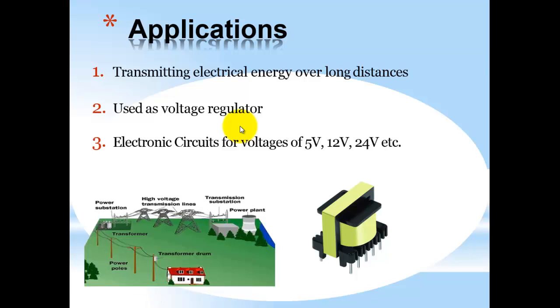Whenever there are fluctuations in the voltage, we use different taps of the transformers to stabilize the output voltage. Nowadays, almost every electronic circuit needs a transformer because all the electronic circuits work on voltage levels of 5 volts, 12 volts, 24 volts, etc.